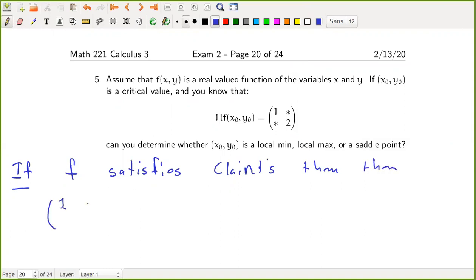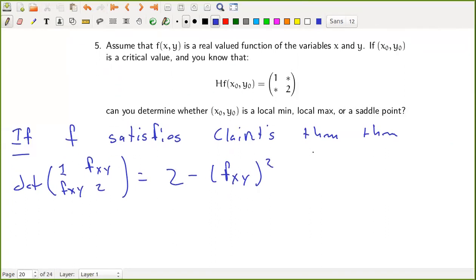The Hessian is going to be 1, fxy, fxy, 2, and the determinant of this is equal to 2 minus fxy squared. And we have no idea whether this is positive or negative. So even if f satisfies Clairaut's theorem, we don't know whether this is positive or negative, which means we cannot determine whether it's a local min, a local max, or a saddle point.